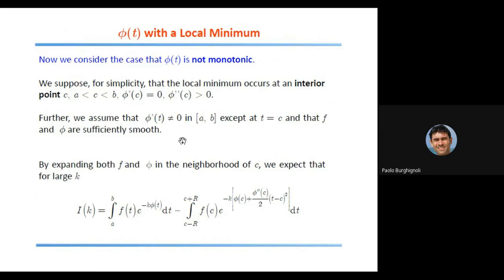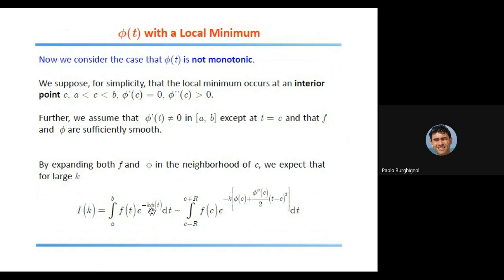Now, since the point c is the point that matters asymptotically, we expand everything in the neighborhood of c. So, for example, the function f of t can be expanded in a Taylor series close to c, and in this Taylor series we take only the zero order term, so we evaluate the function basically at the point c. So this is a constant which can be brought outside the integral.